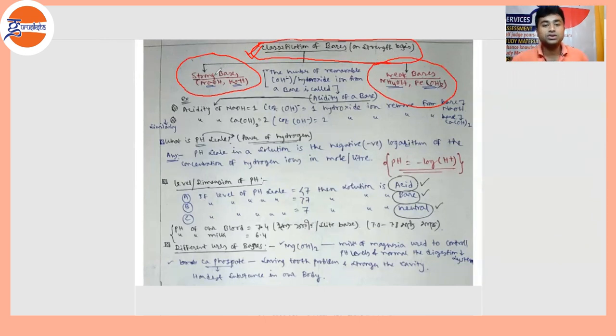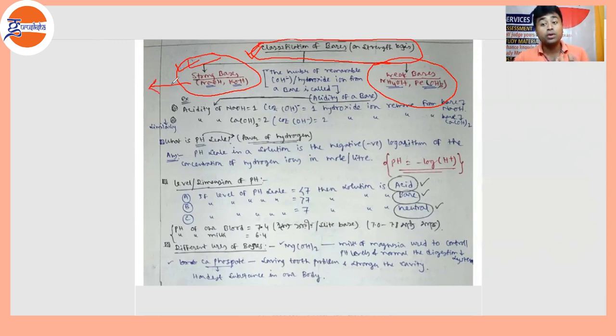So what is a strong base? A strong base is nothing but just the opposite of an acid. It is partially water soluble, partially ionized in water and also has some strong chemical bond.